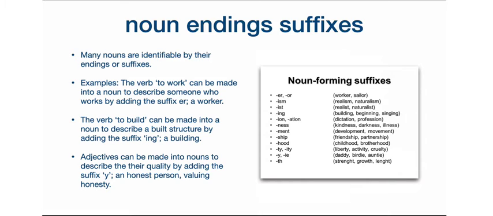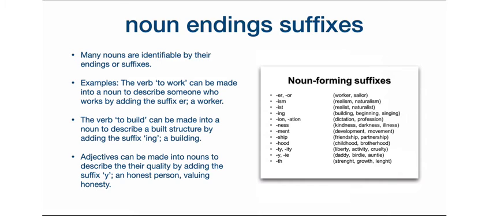So the word work or the verb work can be made into a noun to describe someone who works, by adding the suffix er. So work, the verb, worker, someone who works.